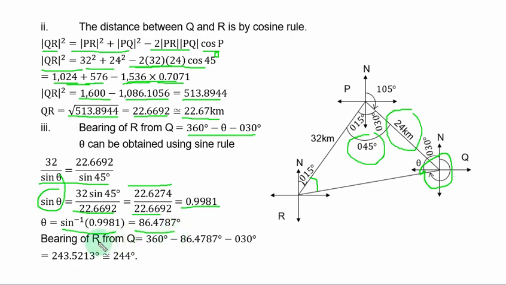Therefore, bearing of R from Q is equal to 360 degrees minus theta, which is 86.4787 degrees minus 030 degrees, and that gives 243.5213 degrees. To the nearest degree, you have 244 degrees.